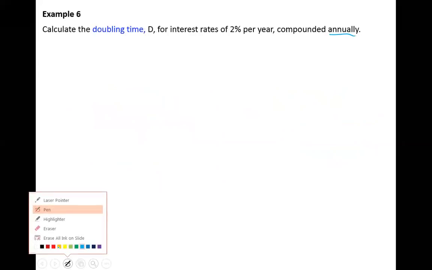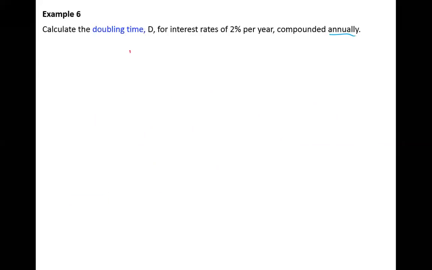Okay, since this is annual, we know what formula to use. Amount equals initial amount times 1 plus the rate to the power of t. Okay, and now, calculate the doubling time.